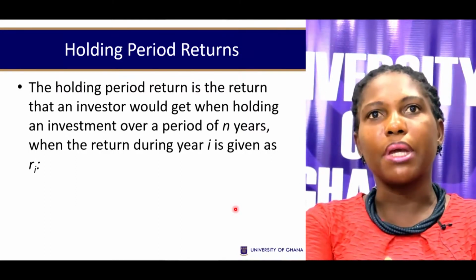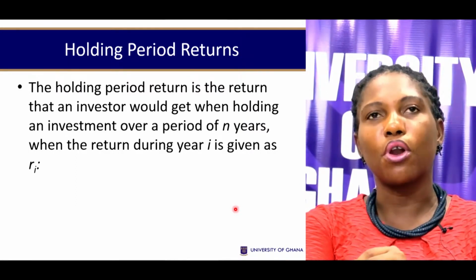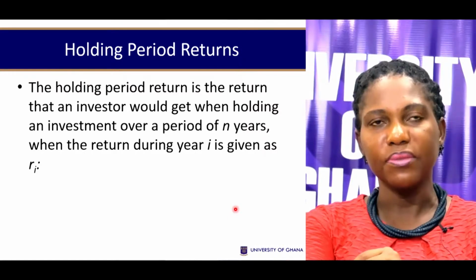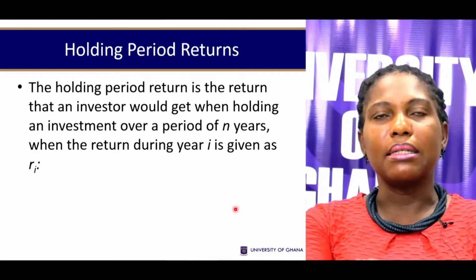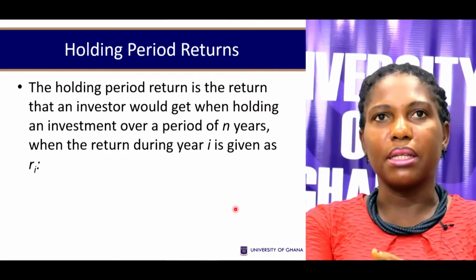Now, it may so happen that you may hold an investment for longer than 1 year. So for each year, you may make a return that is either declared or estimated.